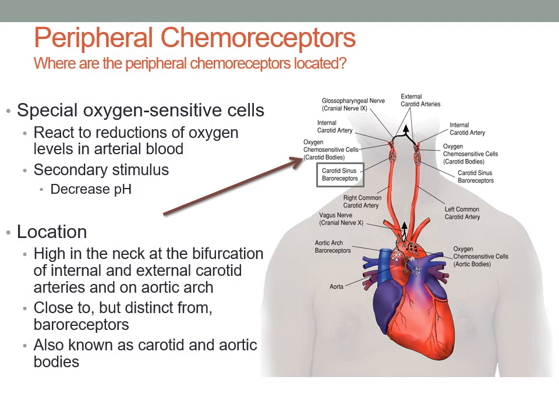They are located high in the neck at the bifurcation of the internal and external carotid arteries and on the aortic arch. You can see this in figure 9.4. They are close to but distinct from the baroreceptors. Remember, we talked about those? So they're separate. The peripheral chemoreceptors are also called the carotid and aortic bodies.